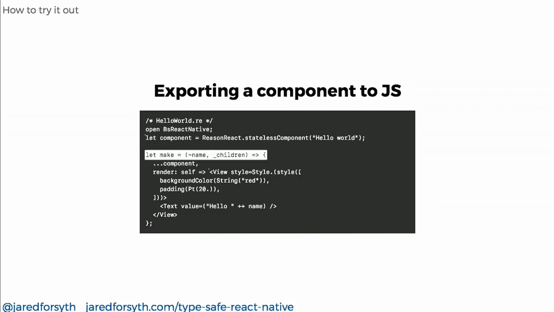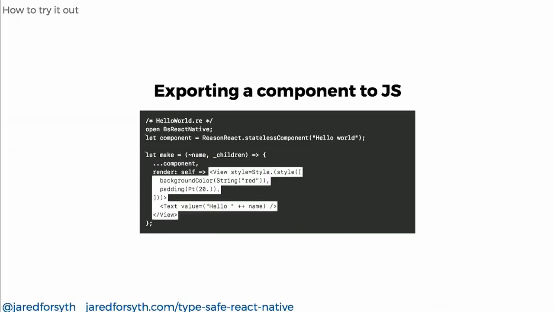So currently, we're just taking a name prop, and then we're going to ignore the children. We won't do anything with it. And then we have JSX, what you're familiar with, with a couple of extra features that make it nice. So here we are making our React Native style definition and just doing a text node that will say hello.